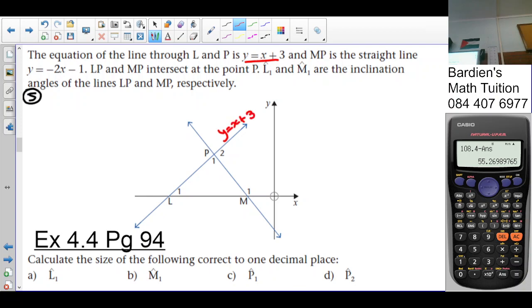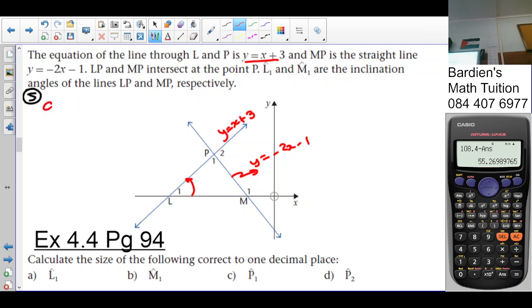And MP is a straight line, y is equal to negative x minus 1. LP and MP intersect at the point P. L1 and M1 are the inclination angles of line LP and MP respectively, which means to say in that order. The first question says, calculate the following correct to one decimal place. Angle L1.